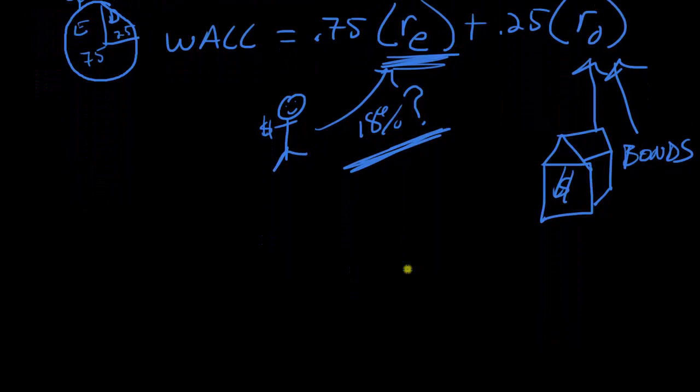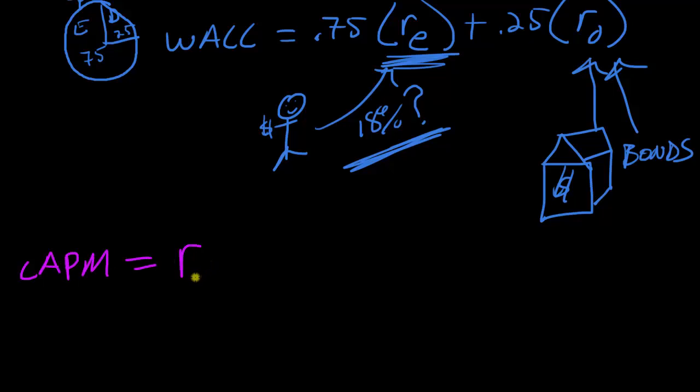And here's where we can back up the boat just a little bit to our CAPM equation. Our CAPM equation is actually really awesome. It is the expected return of an investor if they were to purchase the stock.